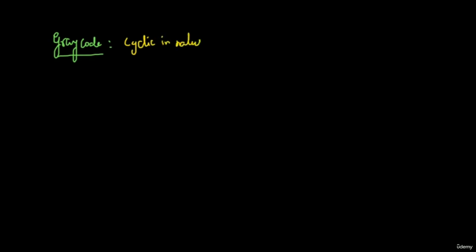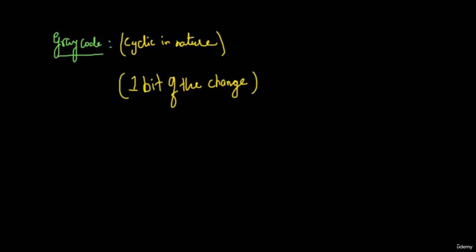So what the cycle means, now we are going to learn that thing. It is arranged that every transition from one value to the next value involves only one bit of change. One bit of the change. I'm saying it and then I'm writing it so that you can understand the words first, and then we are going to discuss it.